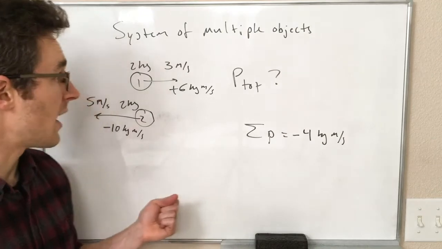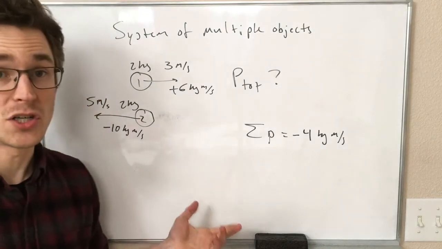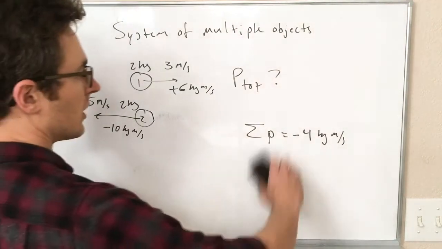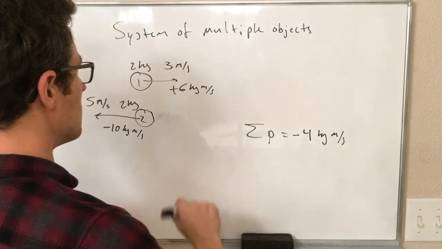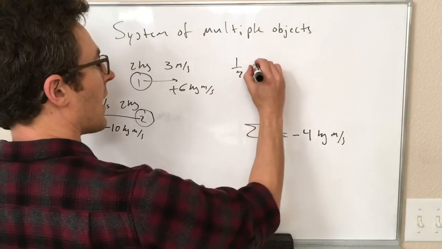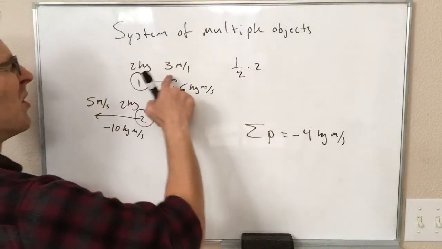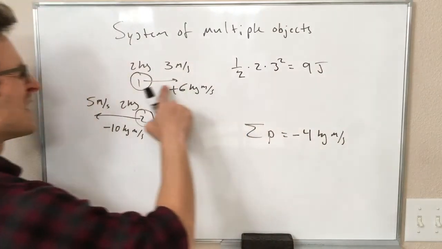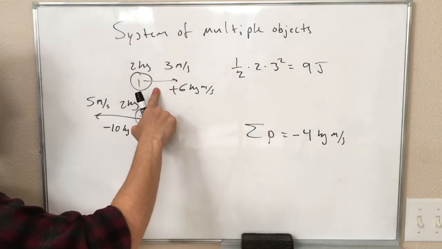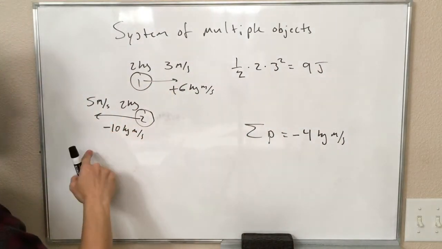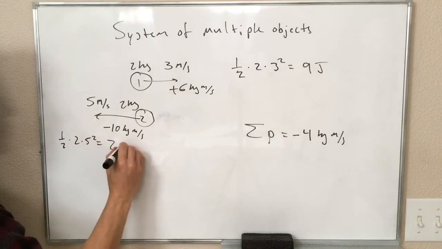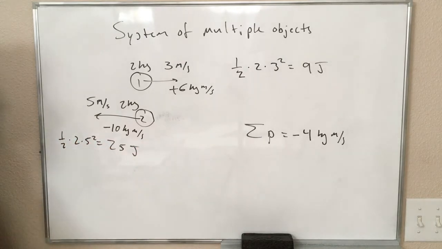Now contrast that with kinetic energy. I didn't prep numbers on this, but we can do it really quick. If we were thinking about this in terms of kinetic energy, 1/2 times m times v squared, this one has 9 joules of kinetic energy. This one has 1/2 mv squared, 25 joules of kinetic energy.